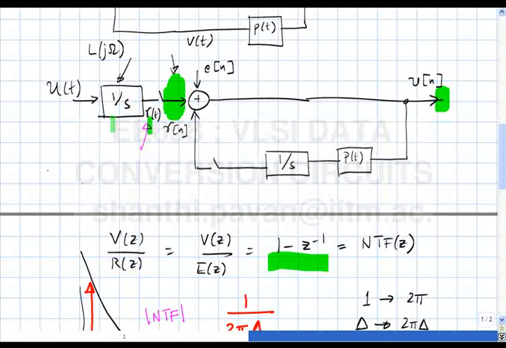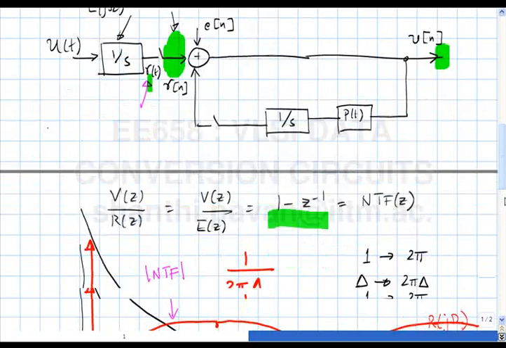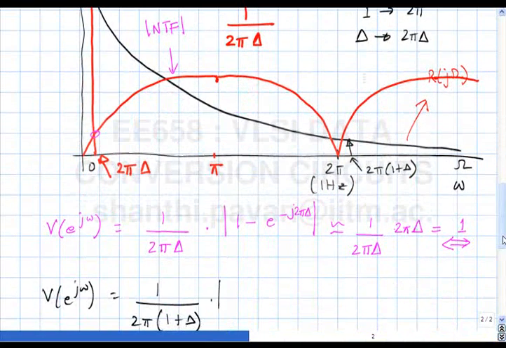The moment you sample it at a rate of 1 hertz, it behaves like a sinusoid you cannot distinguish from a sinusoid at frequency delta, okay. So then you have to multiply it by the magnitude of the NTF at 2 pi delta, which is equivalent to multiplying it by this magnitude, but we know that this stuff repeats, so it is equivalent to multiplying it by this guy here.